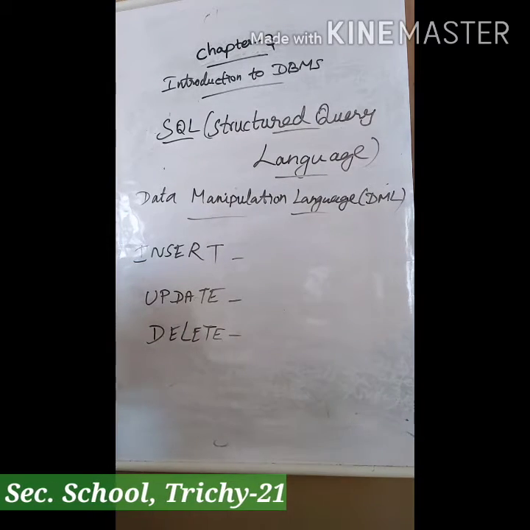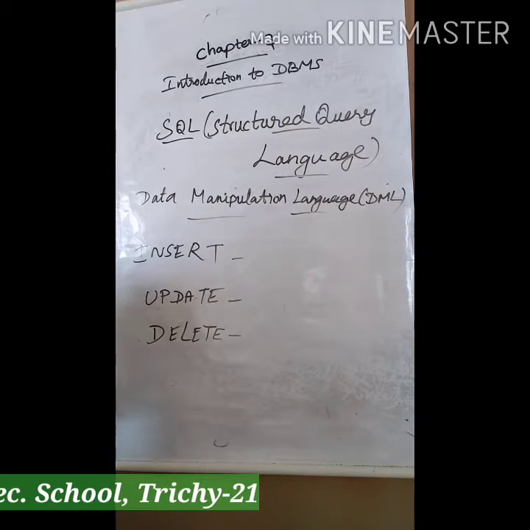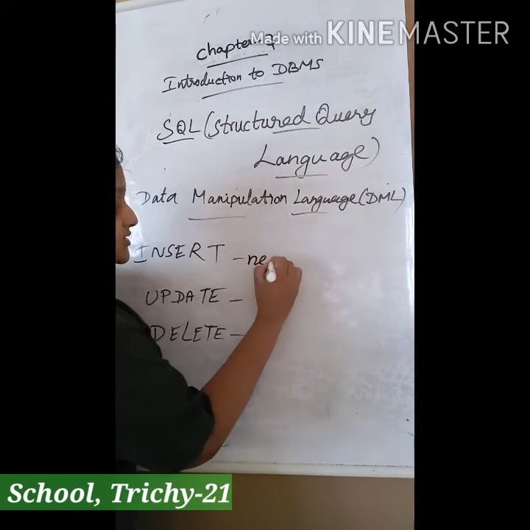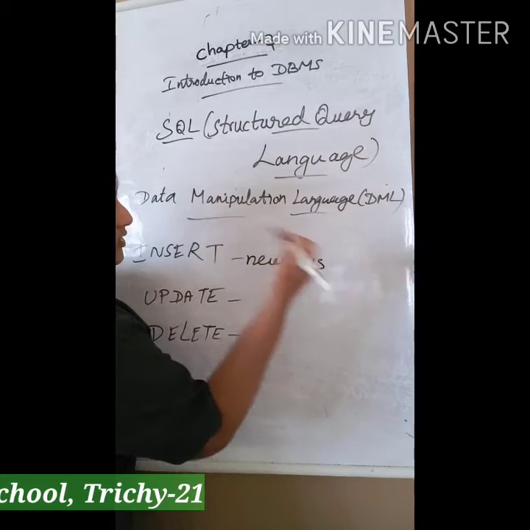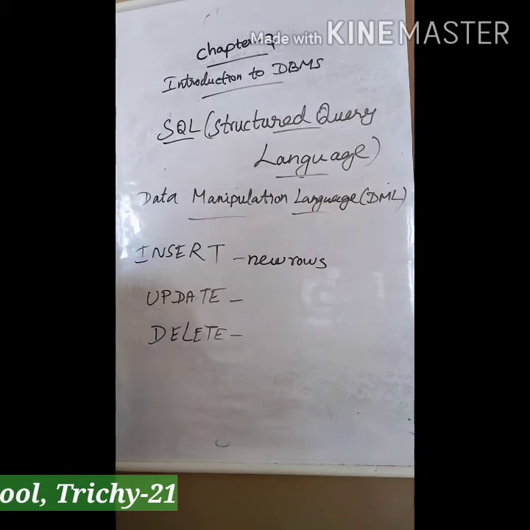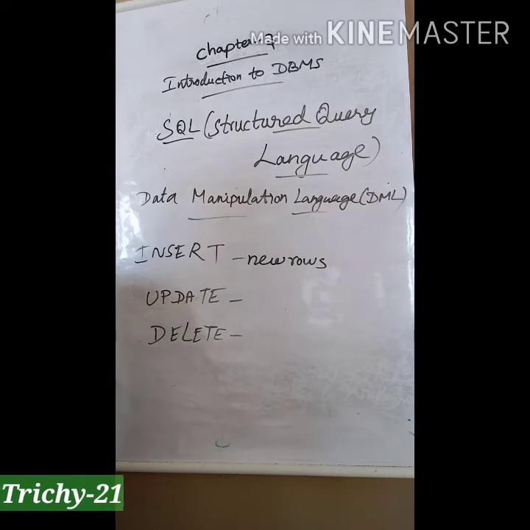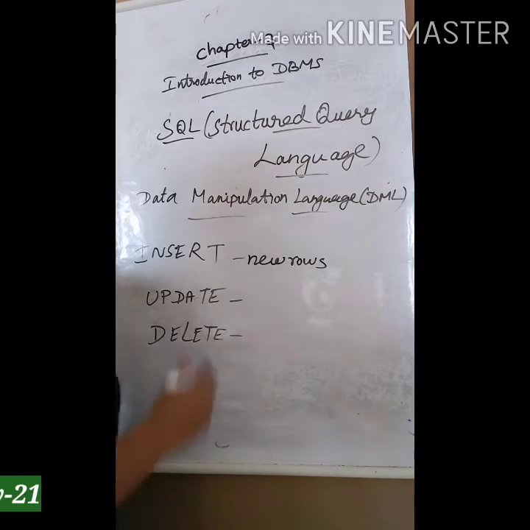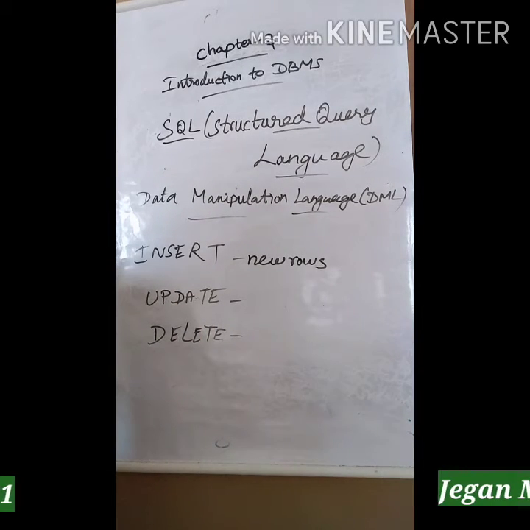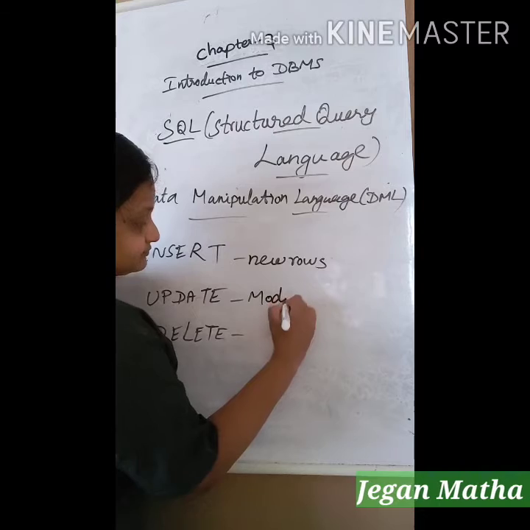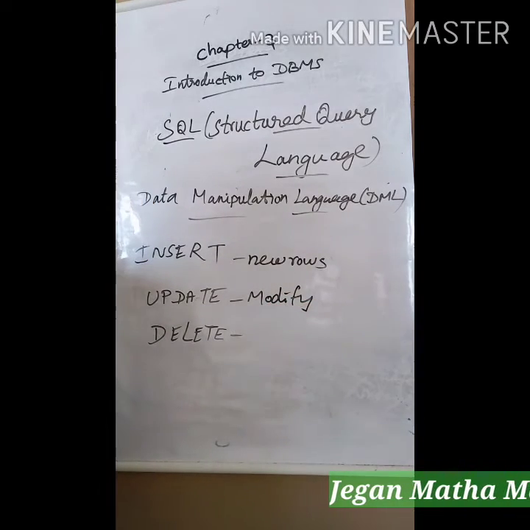The first one is the insert command. It is used to add new rows into a database table. The second one is the update command. This command modifies existing data with new data within a table. And the third one is the delete command.